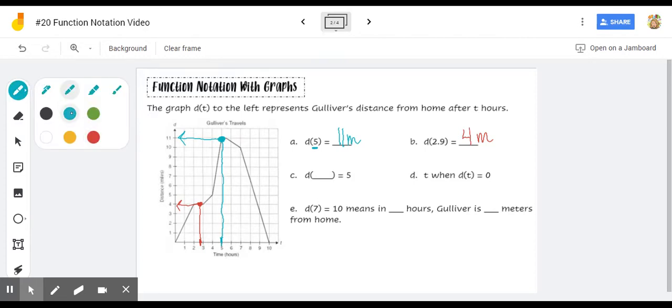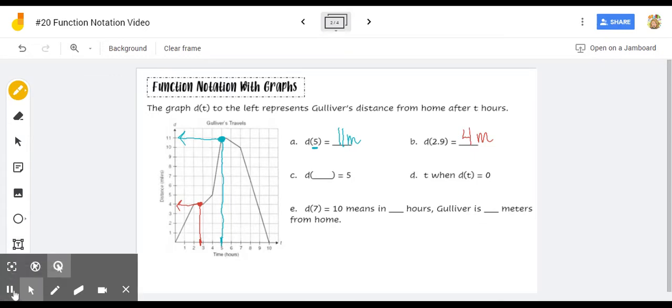So we're going to go up to 5 since he's traveled 5 meters. And we're going to come over to our function and see how many times I touch 5 meters as I'm going across. So I notice this spot I touch, and this spot I touch.